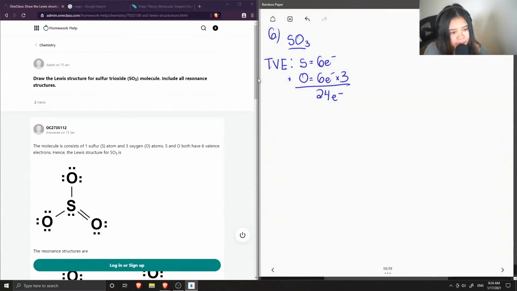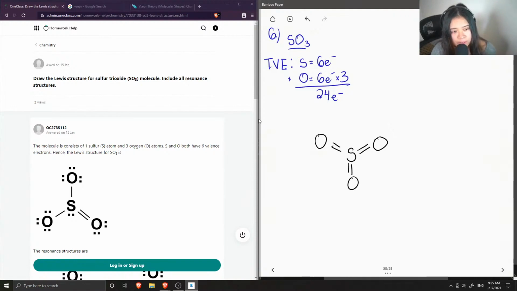So now let's draw sulfur as our central atom, and then I'll just draw 3 bonds to oxygen, like so. And all of the oxygen atoms will be double bonded.